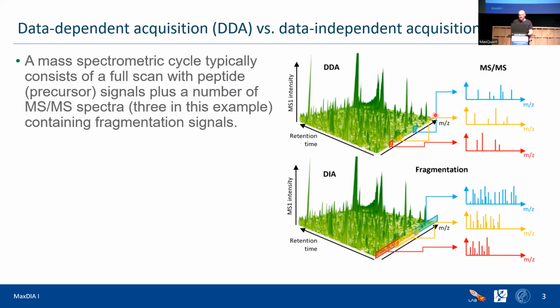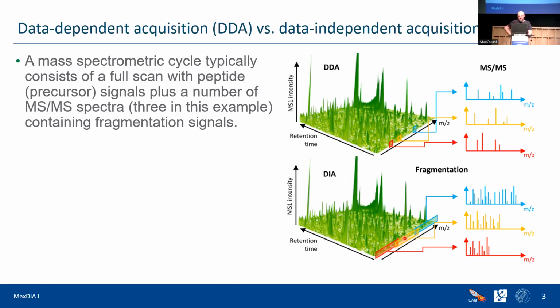You get relatively clean spectra that contain fragments of, if possible, only one peptide. In the DIA mode, you don't try to isolate single peptides, but you have wide mass ranges in which you select ions for fragmentation.